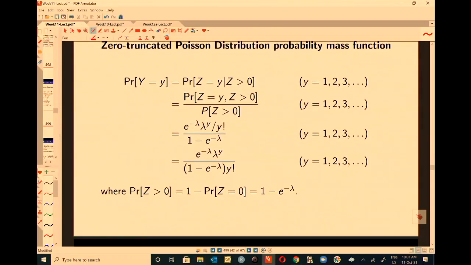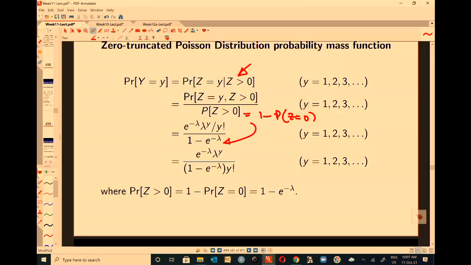Essentially the probability that y equals small y is conditional on the fact that we only have observations for those leaves with some mites on them. And so things get a little bit more complicated. You can see this extra term here: the probability z is bigger than 0 is 1 minus the probability z equals 0. And that's what I've got over there.